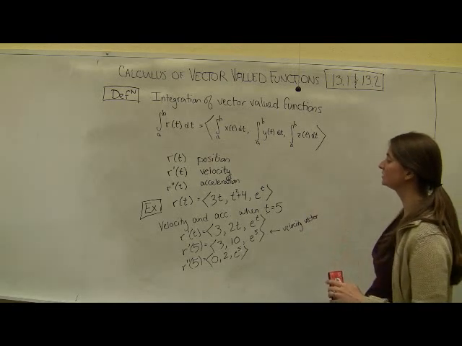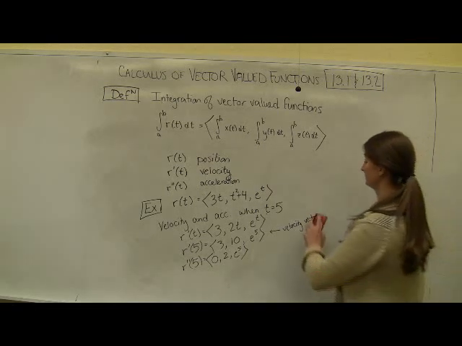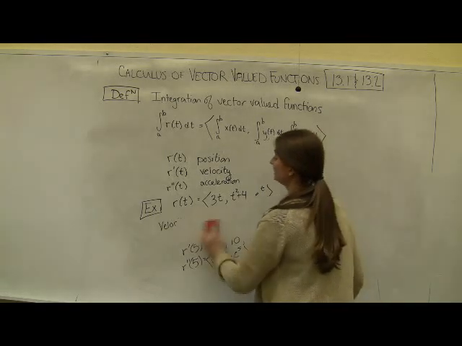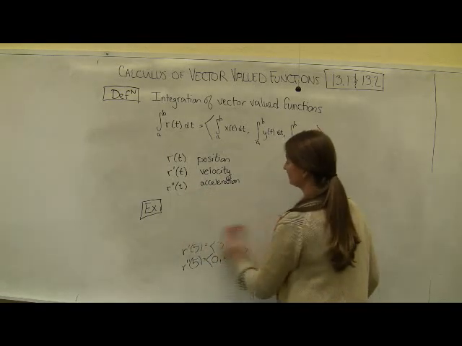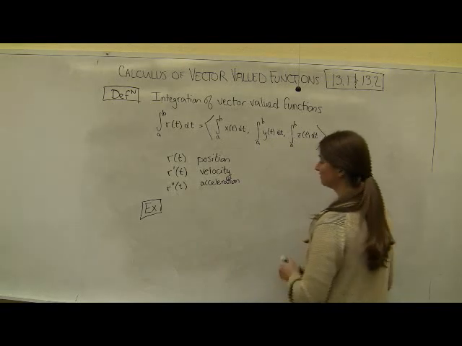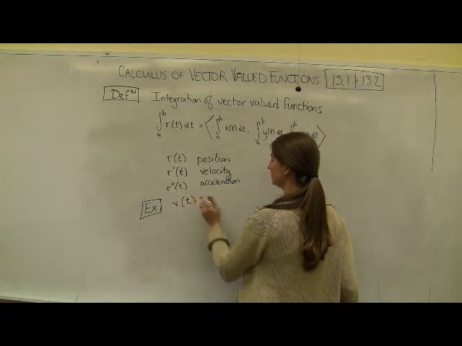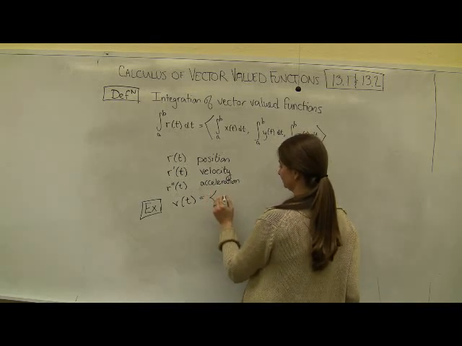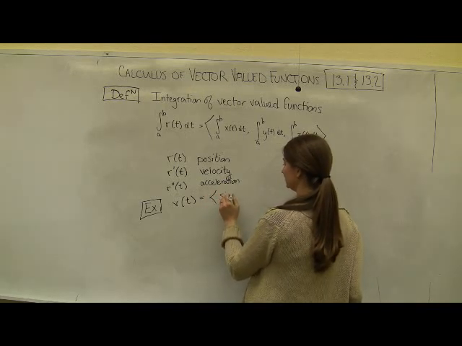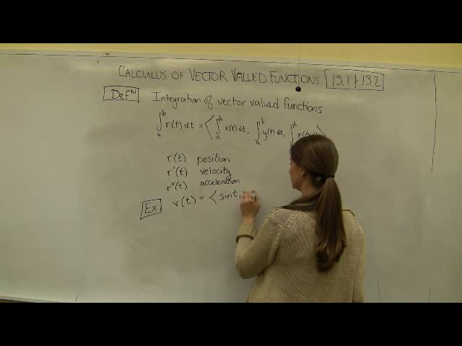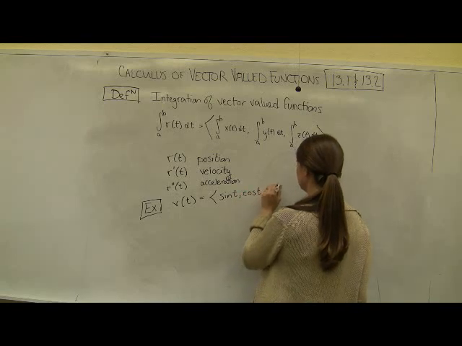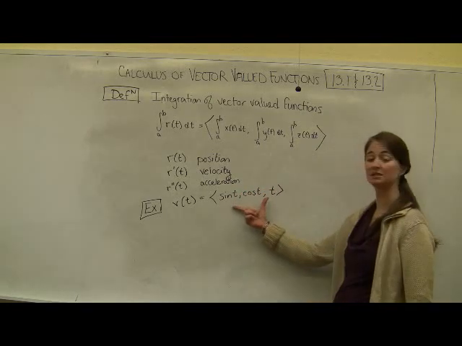The reason why this is interesting is we can also work backwards. Let's say that instead of being given a position vector, we're given a velocity vector. If my velocity vector, v of t, was given as maybe sine of t, cosine of t, t, notice that this is also a helix.